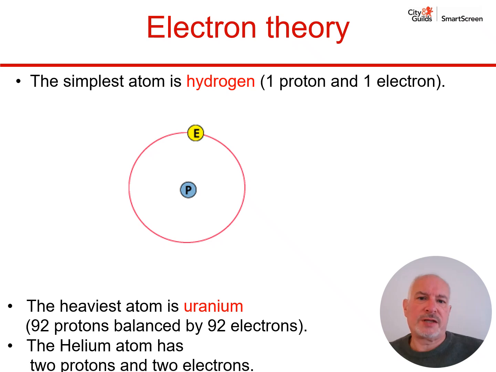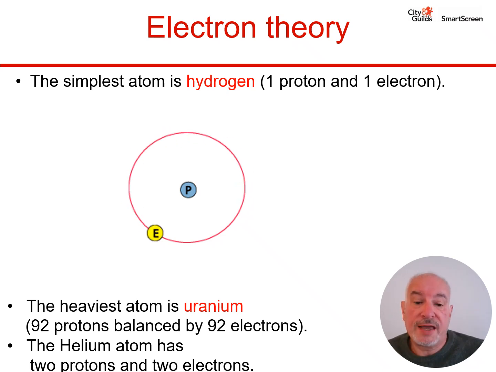Now, I'll just explain at this stage that obviously this is just a diagram and it's clearly not to scale. In fact, atoms are so small that even with the most powerful optical microscope we can't see them. So small that in a pinhead there are millions of atoms. So clearly it's just a diagram to explain the principle.